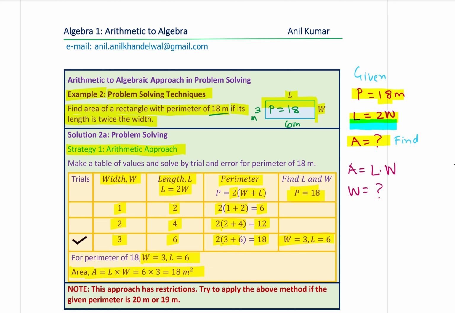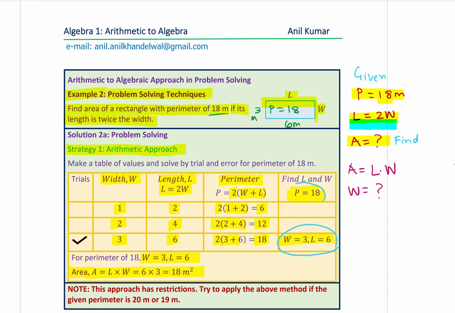We did get the right solution. The numbers which fit in are width of 3, length of 6. That gives us the given perimeter of 18. And therefore, we can now find the area, which is the product of 6 and 3, 18 meters square. So that's an effective approach if we have a simple solution. Well, if I change that number 18 to, let us say, 20, then this becomes slightly tricky, right?